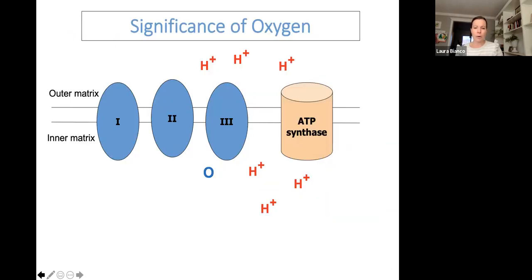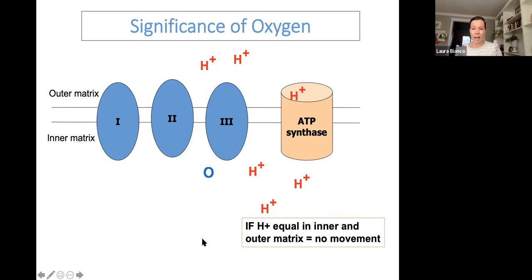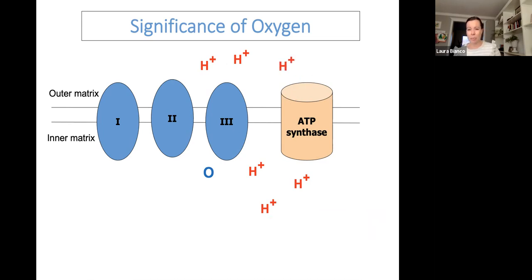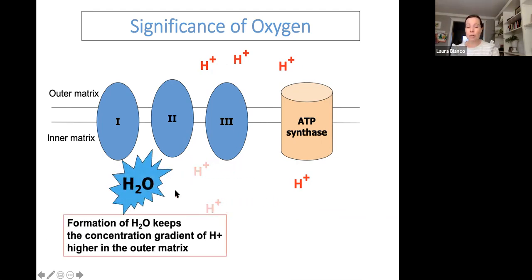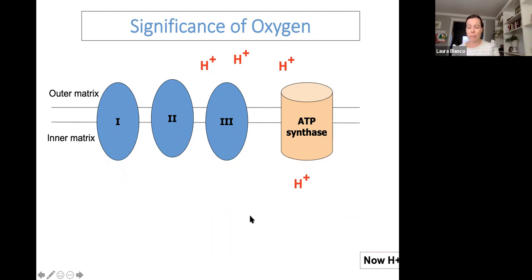So let me show you that one more time. Here we're at equilibrium. So hydrogen ions are not going to be able to move through. So these would be stuck out here. And the energy that they have is not going to be used to make more ATP. But because we have oxygen, it can remove some of those hydrogen ions from the matrix to form water.